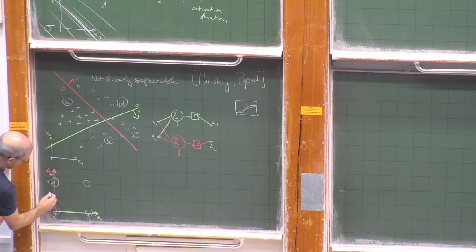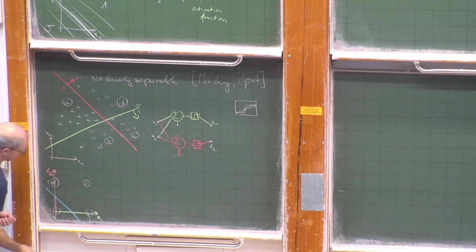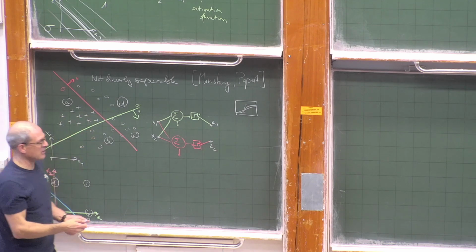So I could now introduce a classifier in this region, and for example, let it point here. And then I say, if this final perceptron outputs 1, this must be region A, this must be a cross, and if it outputs 0, it must be the other classes.